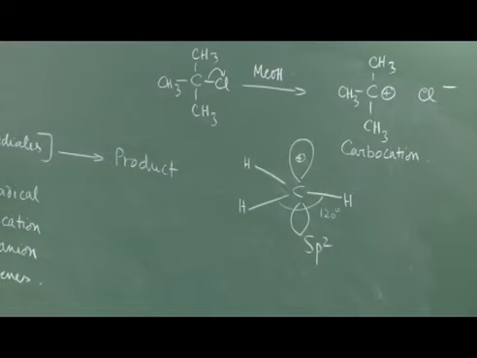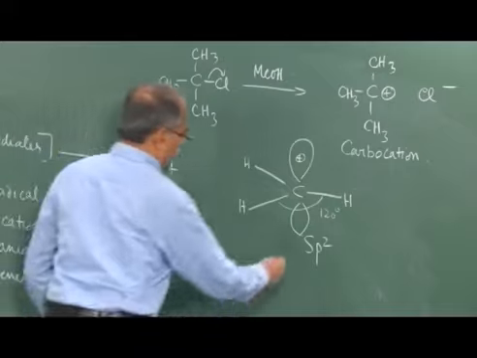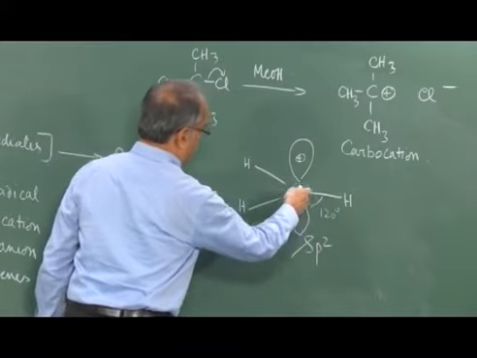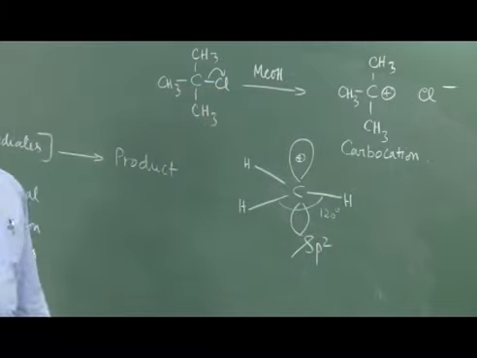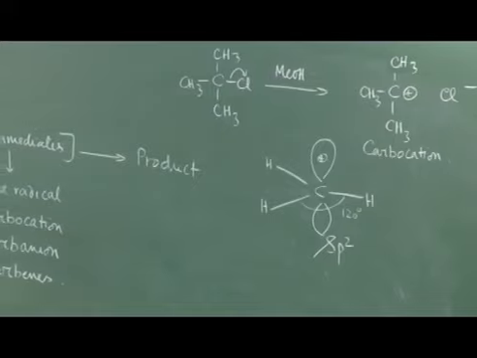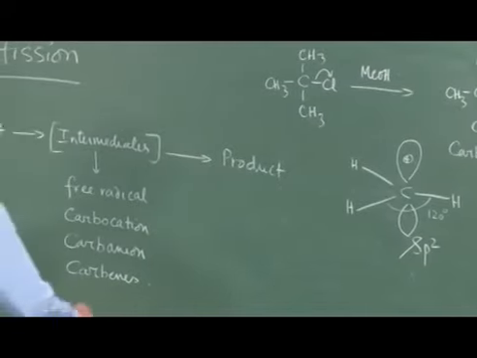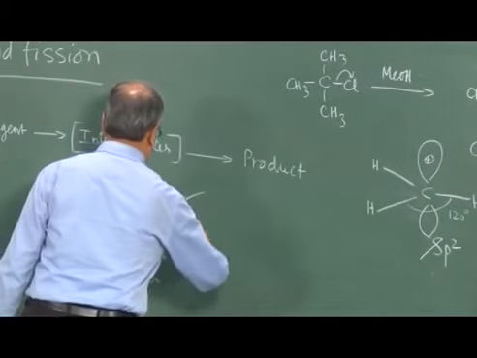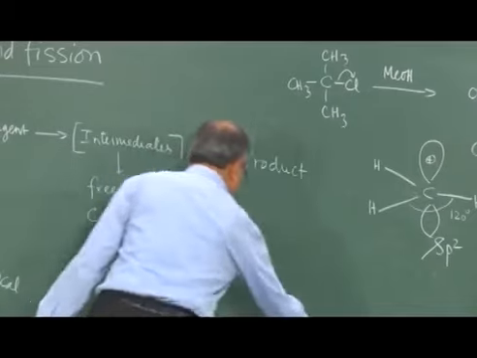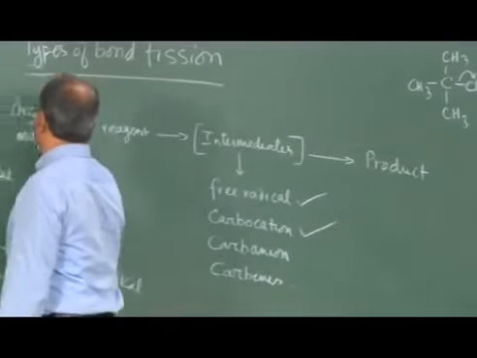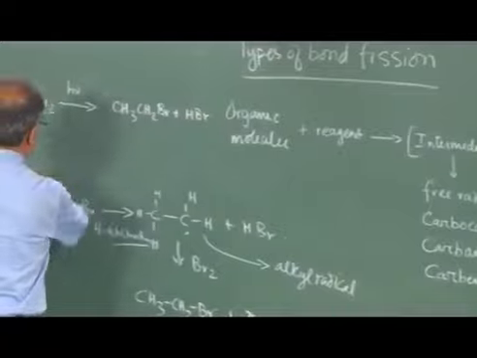So, it is like an sp2 hybridized carbon with an orbital which is empty, containing no electron, corresponding to the positive charge that you have in the system. So, we have seen what is a free radical and what is a carbocation. Carbanions are also reactive intermediates.